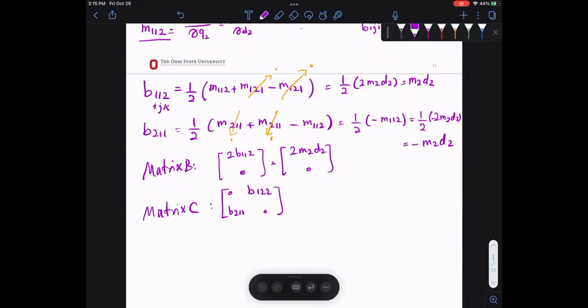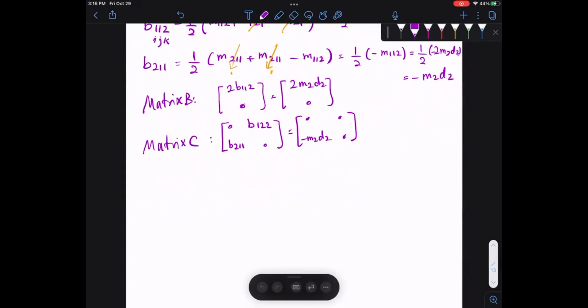We said that BIII is going to be 0, so the diagonal is 0. Here is 0, 0, negative M2 D2, 0. All right. Matrix B is done, matrix C is done, so that will take care of our Coriolis and centrifugal terms.